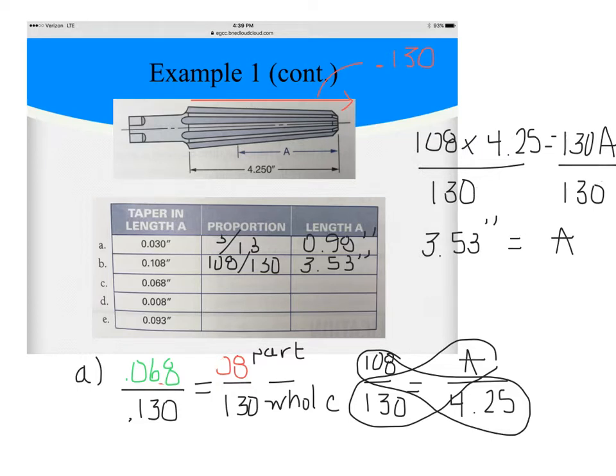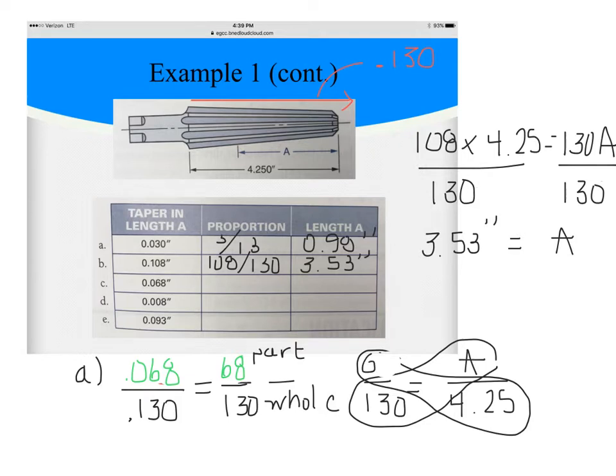And that would give me 68 over 130. So it's a bit more than 50%. If you divide 68 by 130, you get 52%.